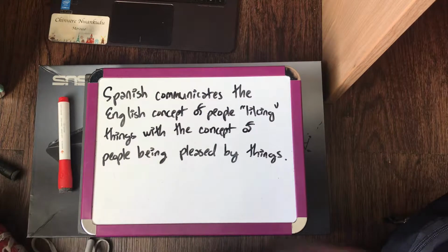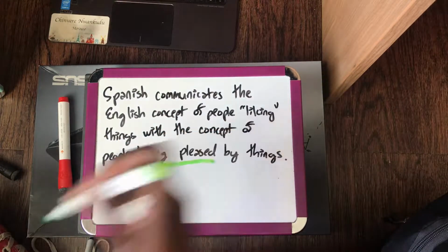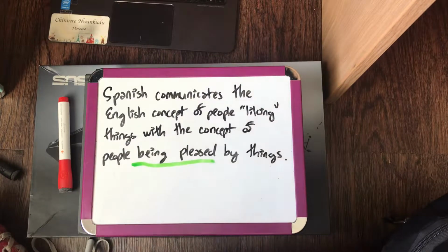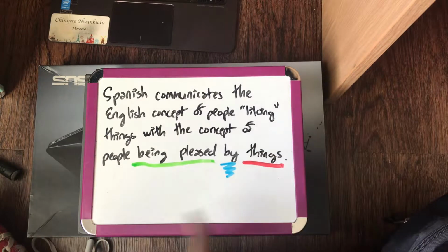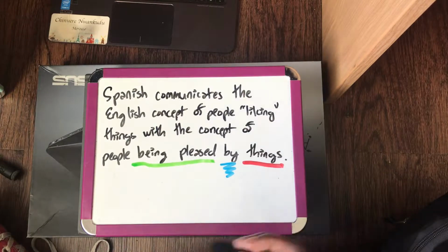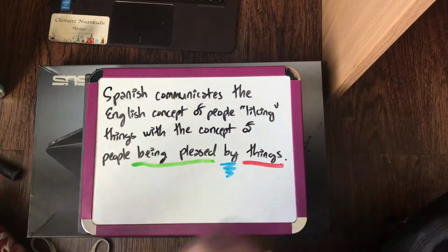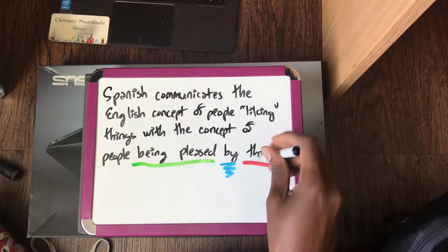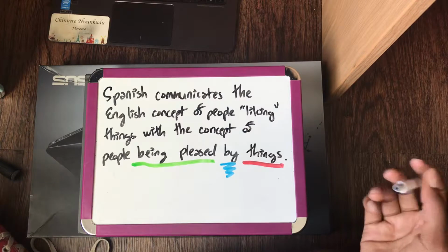Let me highlight a key part, being pleased, and then I'm going to underline by, and then I'm going to underline things. So as you'll see in these strategic colored underlines, if you think about this part of the sentence here, things are the things doing the pleasing.